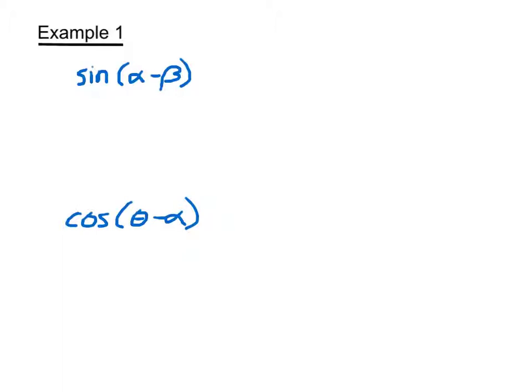Okay, in the first example we want to expand the sine of alpha minus beta. And using our formula, we can just plug in alpha and beta for A and B. So we will get sine alpha cosine beta minus cosine alpha sine beta. And that's the third formula on the previous slide.